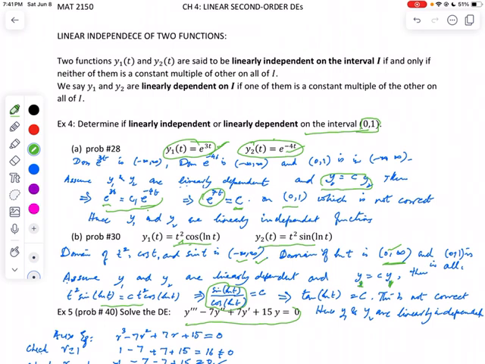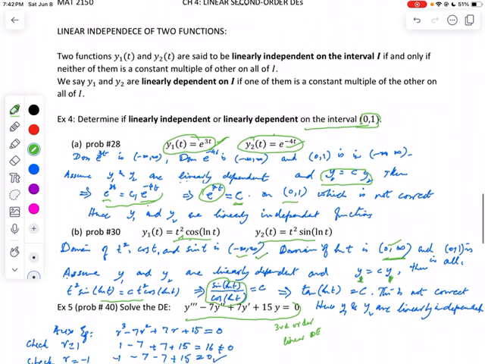Now this next example, if you notice, is a third order linear DE with constant coefficients, and it's a homogeneous equation. So what will the characteristic equation be?